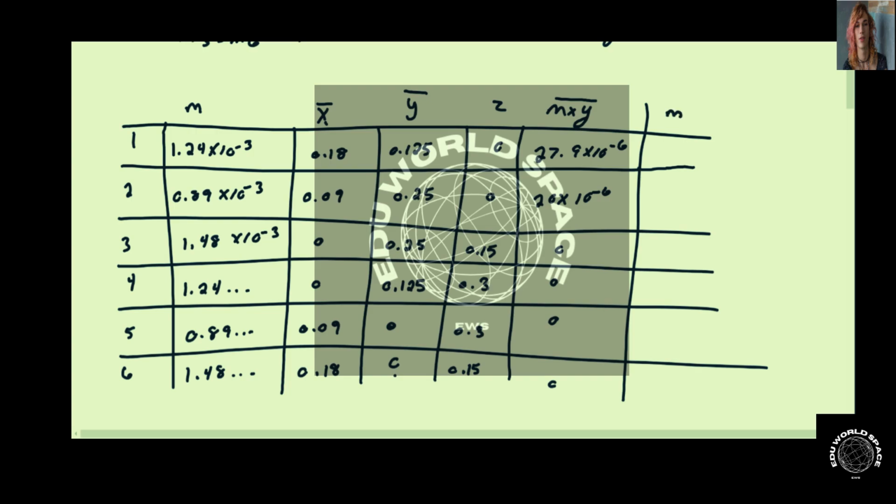And we have myz. So we have 0, 0, 55.5 times 10 to the negative 6, 46.5 times 10 to negative 6, 0, 0. And mzx.